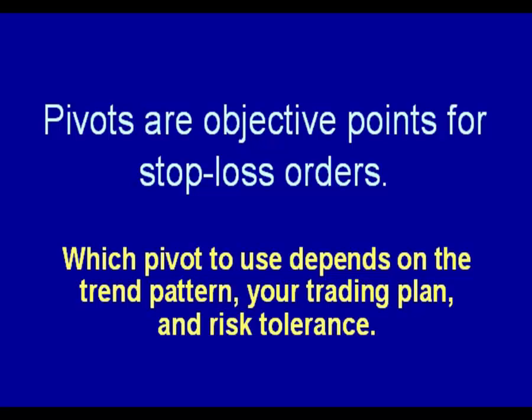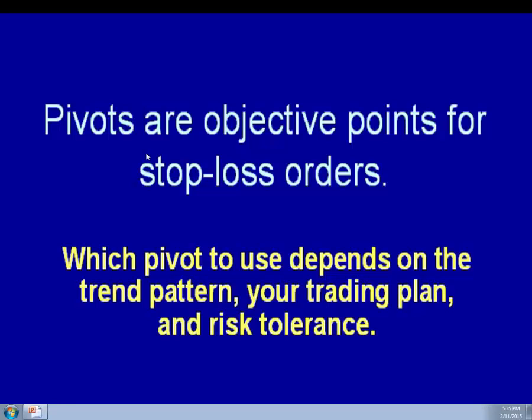Pivots are objective. If you're going to trade, you want to trade from an objective frame of mind, not a subjective, emotional frame of mind. We still may be very emotional in how we trade, and there's not too much we can do to really avoid that. We have to accept that. But if we can place an objective way of doing things every day consistently, then it's going to be more important for us to follow an objective method.